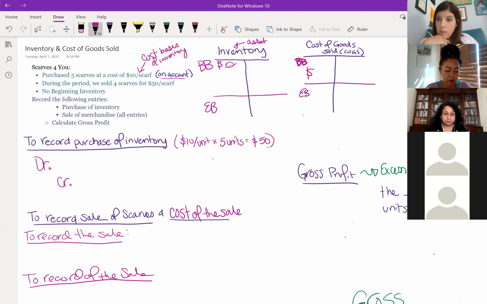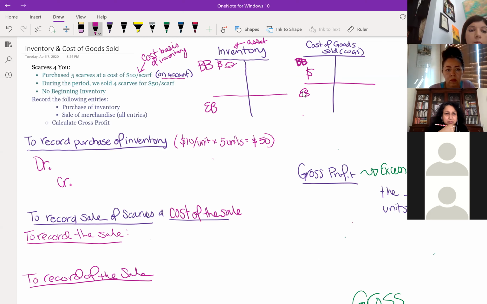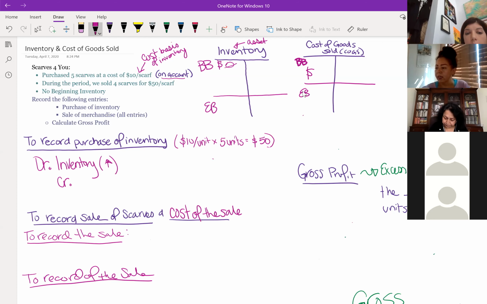When I make a purchase of inventory, what am I going to debit and what am I going to credit? Inventory, and if we're buying on account, then accounts payable. Yes, so debit inventory, increasing inventory for those 5 units that we purchased, so for $50.